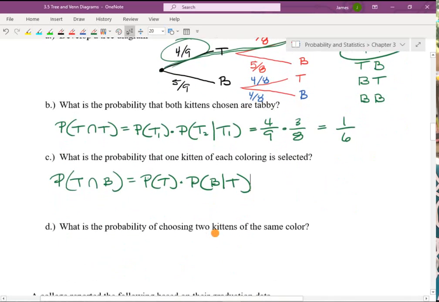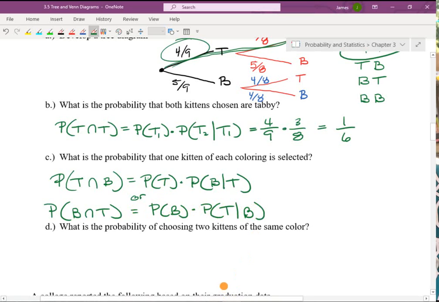Okay, or could it be the probability of black and tabby, which would be the probability the first one was black, times the probability that the second one is tabby, given the first one was black. Does that kind of make sense? What would I do with these two probabilities? Because I said or, I connected them here with or, but what would I do with those two probabilities? I would add those together once I have them compiled.